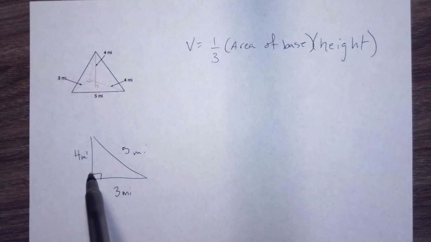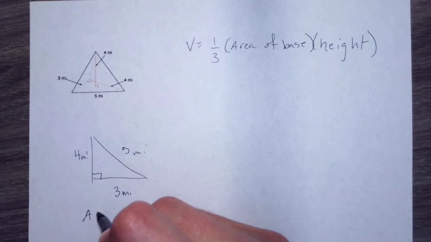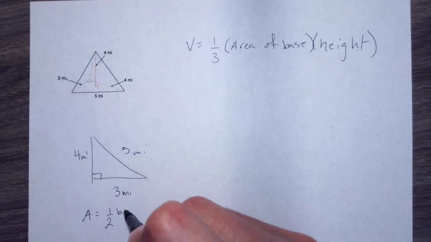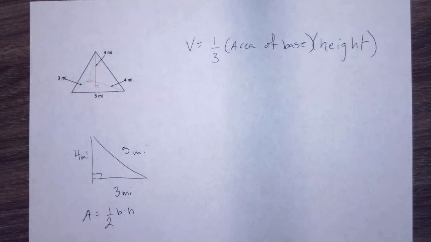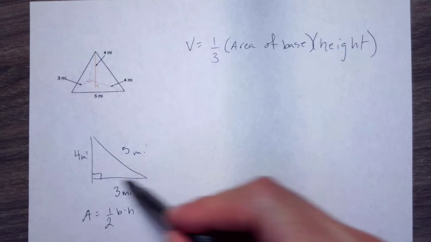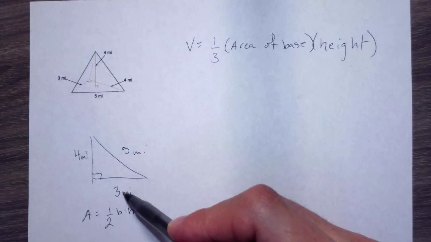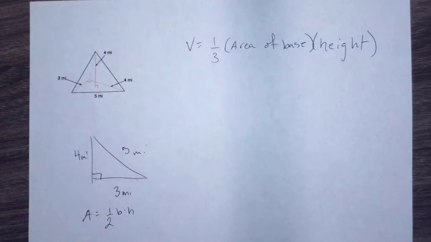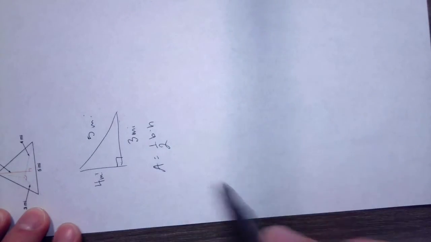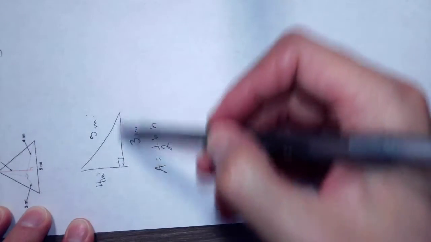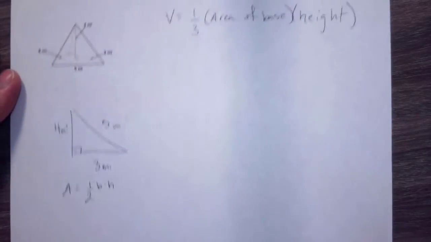So find the area of the base. Well, here in this triangle, the area would be 1/2 times base times height for the triangle. I'm going to consider this the base. I could turn it this way, 1/2 times the base, and then this would be the height, but it doesn't matter. Either way will give you the same thing.